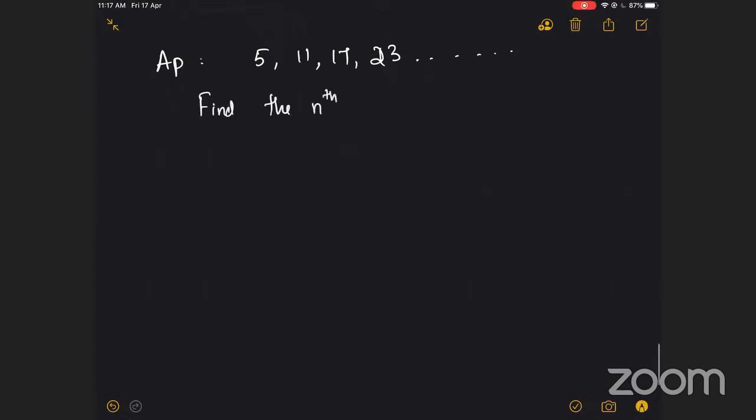If the AP is said to be 5, 11, 17, and 23, and so on, what will be the nth term of the given AP? Find the nth term of the AP.